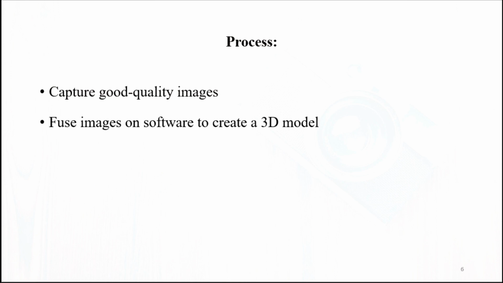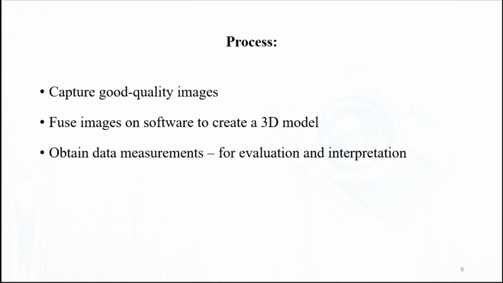The next thing we do is to fuse the images, and we can only fuse the images by virtue of a 3D model creation software, which is a photogrammetry software. So here we need the software to do the fusion or the joining of the 2D images to create the 3D model. Then, after the 3D model is created in the photogrammetry software, we need to obtain data for evaluation and interpretation.